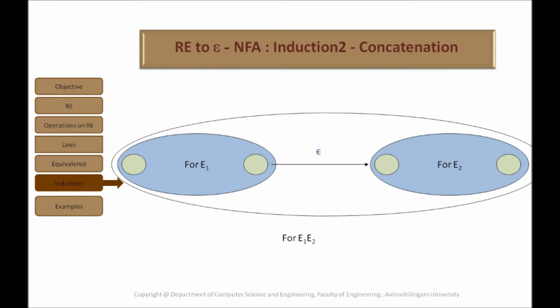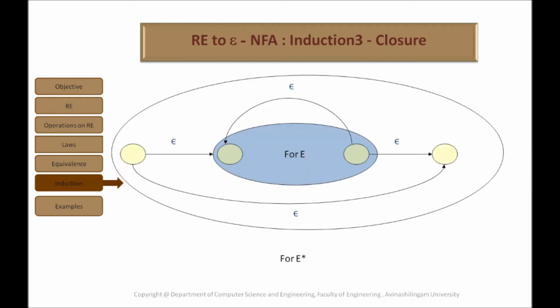Next we will see the third induction, that is closure. Closure is a finite automata which has some set of states, alphabets and transitions. Here, if you have the regular expression A star, it will have empty, so from the initial state it goes to the final state directly, and it has A, and it goes on like this.